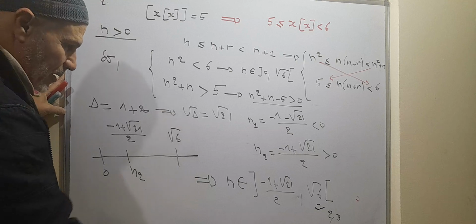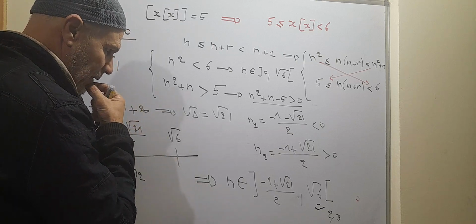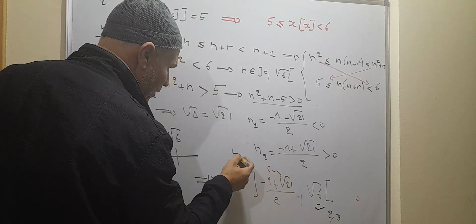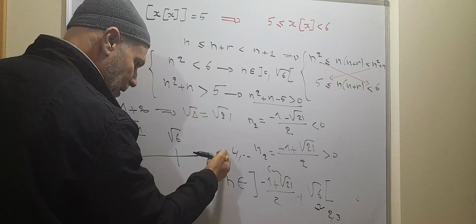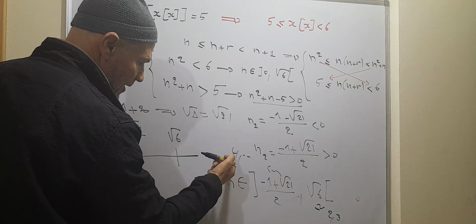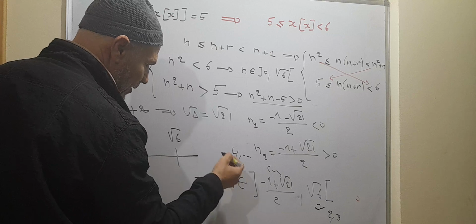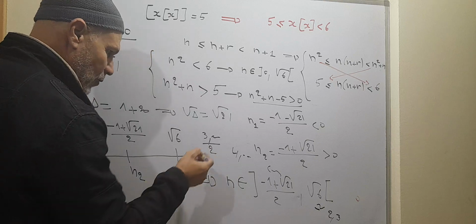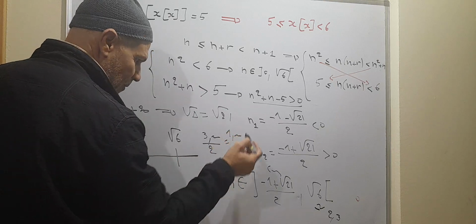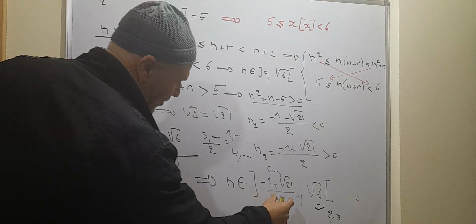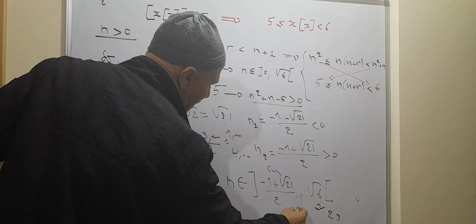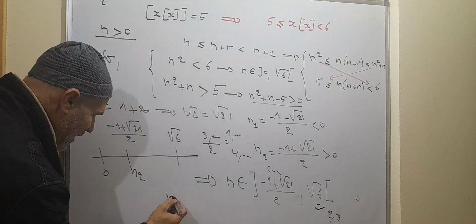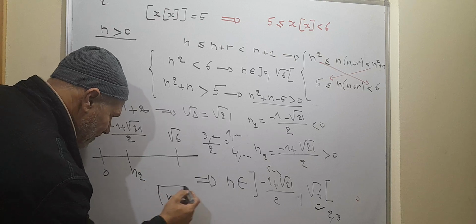And the square root of 21 is 4 point something, minus 1 gives us 3 point something. If we divide it by 2, it gives us 1 point something. So the unique integer which belongs to this interval is actually n equal to 2, just this one.